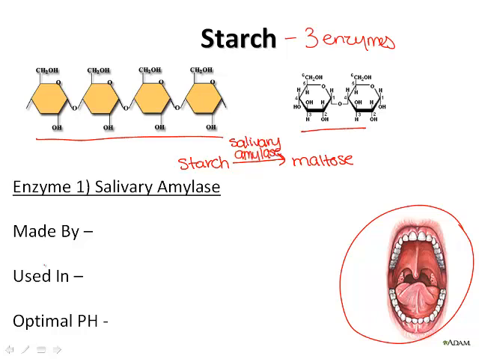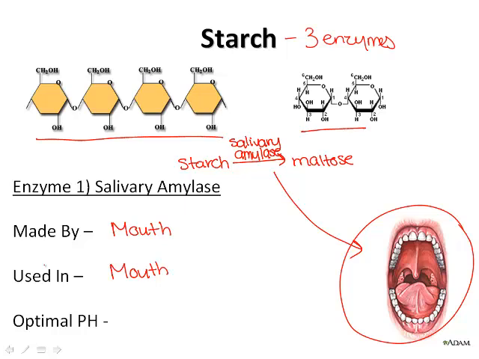Salivary amylase is the first enzyme that breaks down starch, and this occurs in our mouth. It is made by the mouth and used in the mouth to break starch down into maltose.